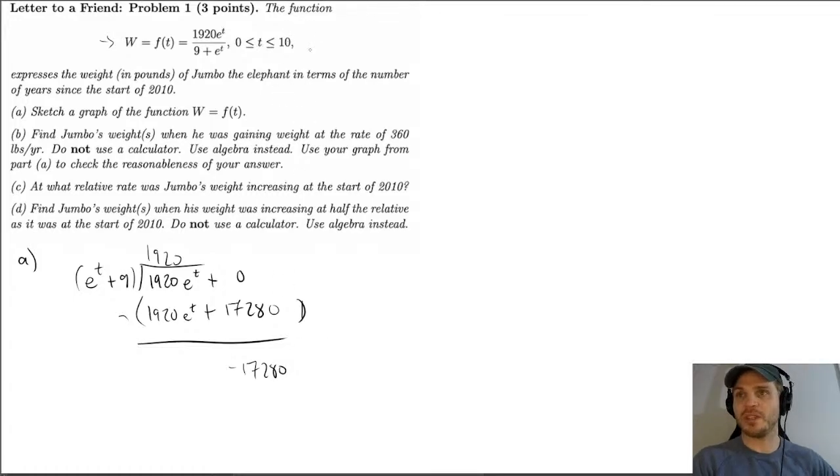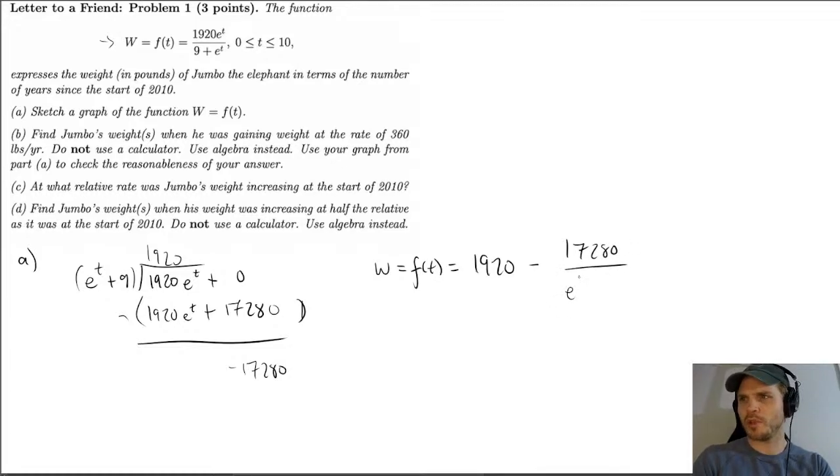So what that means is that W equals f of t is equal to 1920 minus 17280 divided by e to the t plus 9.